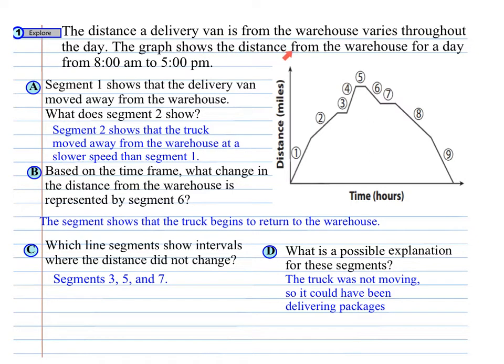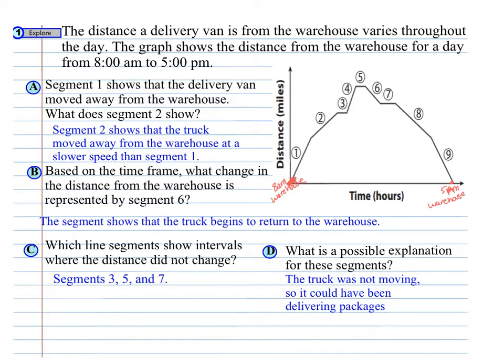The graph shows the distance from the warehouse for a day from 8 a.m. to 5 p.m. So at this point, at 8 a.m., he leaves the warehouse, and at this point over here, at 5 p.m., he returns to the warehouse.